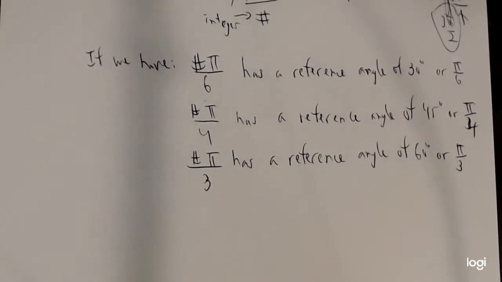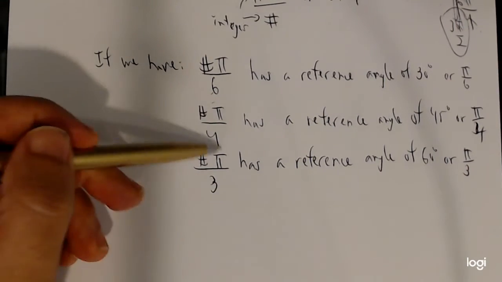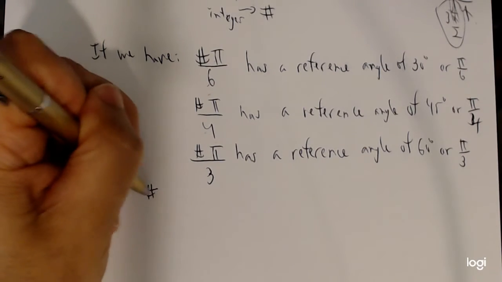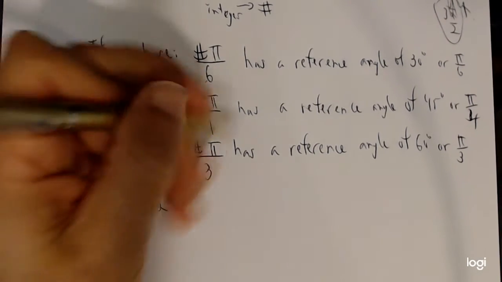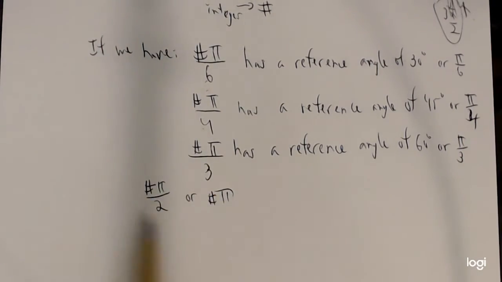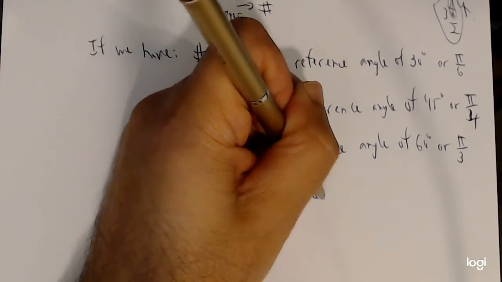Right, so this is what's nice. Anytime you have pi over 6, 30 degree reference angle, pi over 4, 45 degree reference angle, pi over 3, 60 degree reference angle. Now, if we have something like a number pi over 2 or a number pi, then these are going to be quadrantals.